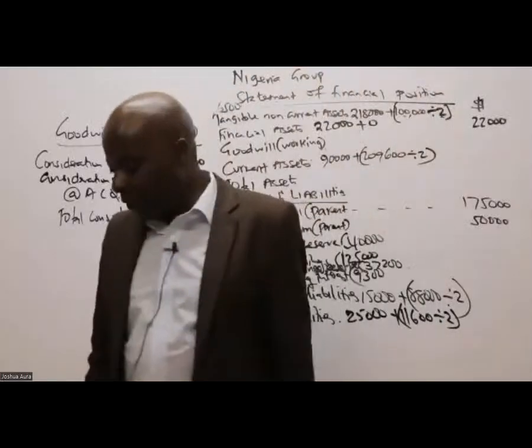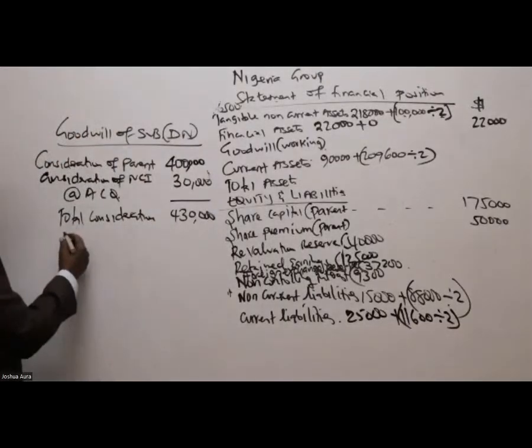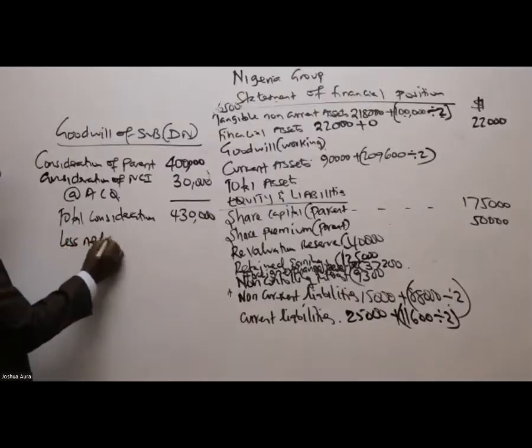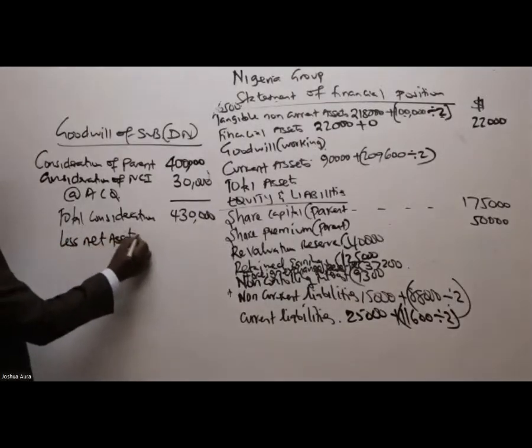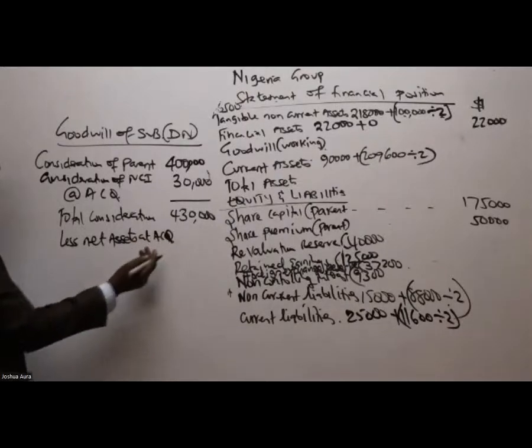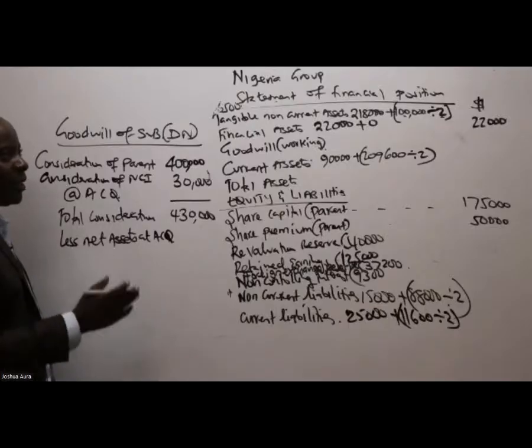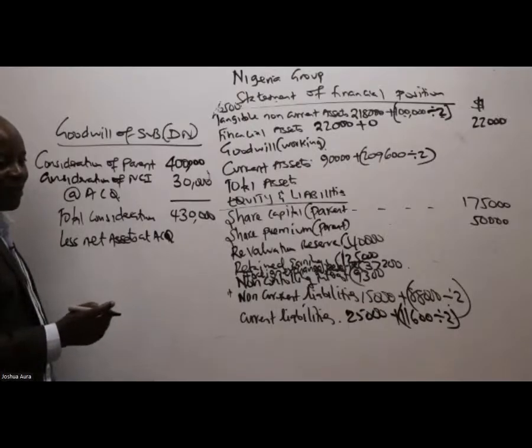Ladies and gentlemen, from there, come and give us the net assets. Less net assets at acquisition. I rubbed my figure a long time ago. Are you able to remember the net assets at acquisition?